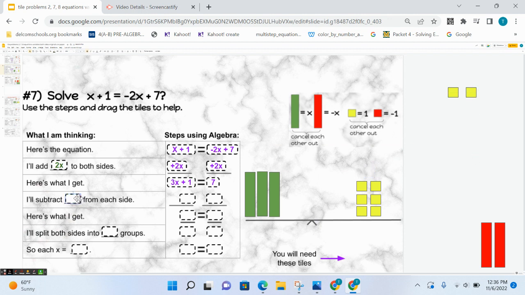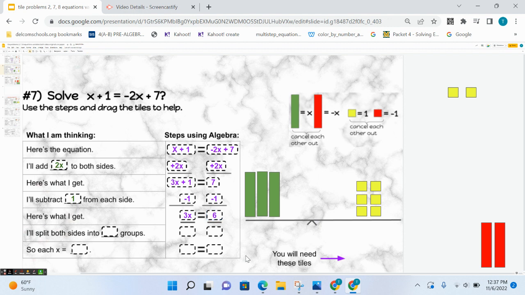I'm going to write in take away 1, take away 1. Step 5 says here's what I get. Look back at your tiles. Now what do I have? I have 3 rectangles on the left and 6 on the right. 3x on the left is equal to 6.